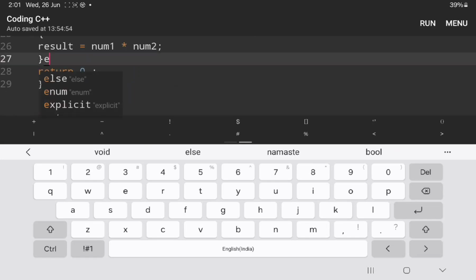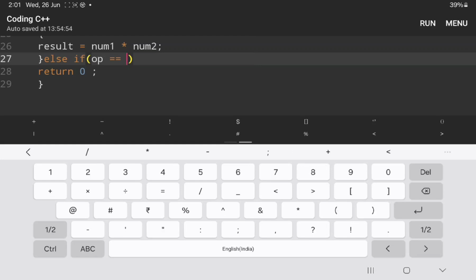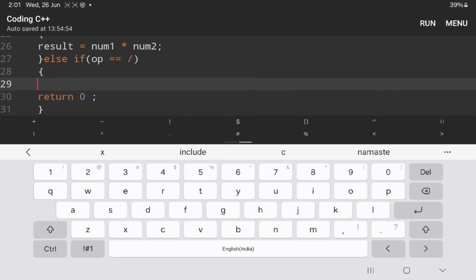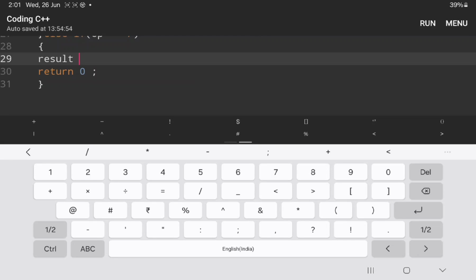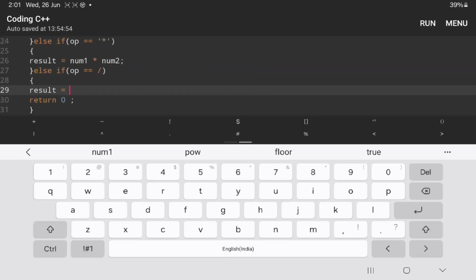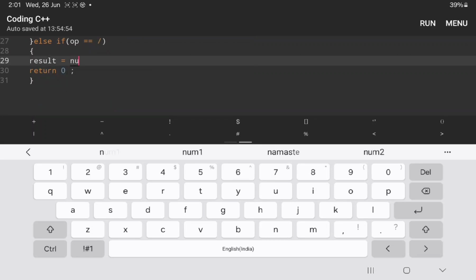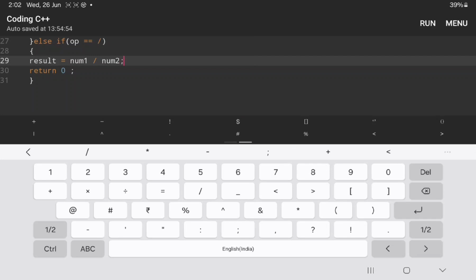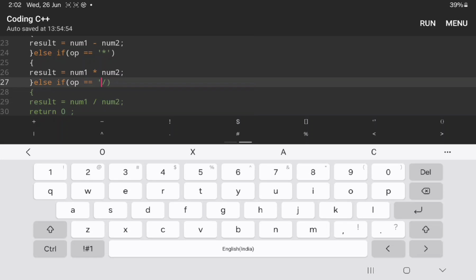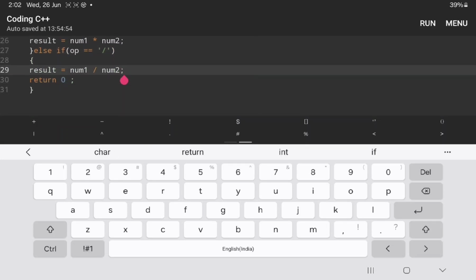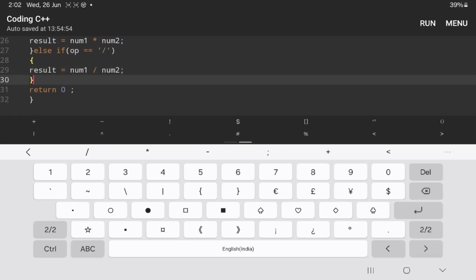and you can write else if in braces op equal division, then you are going to write result equal num1 divided by num2 semicolon, and don't forget to write it in quotes, and close brace.